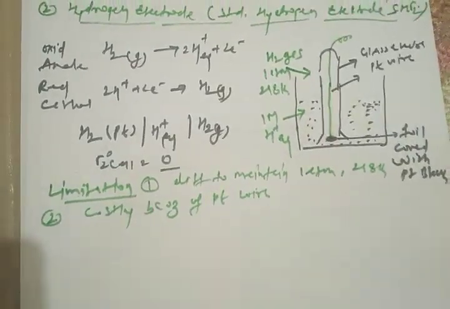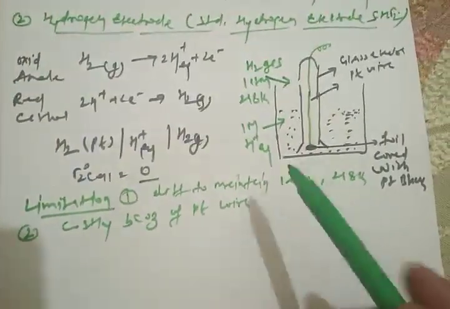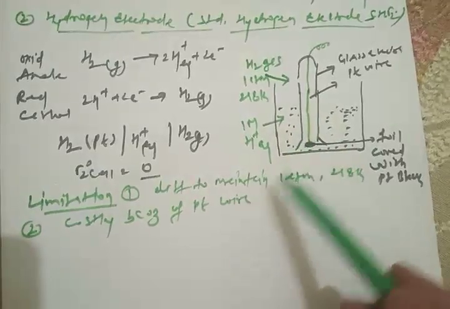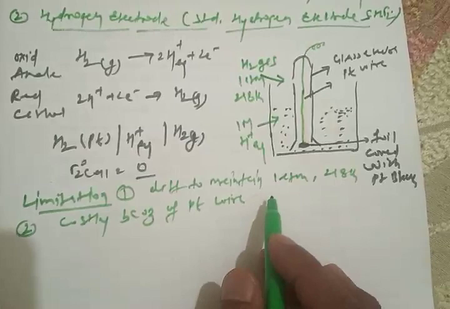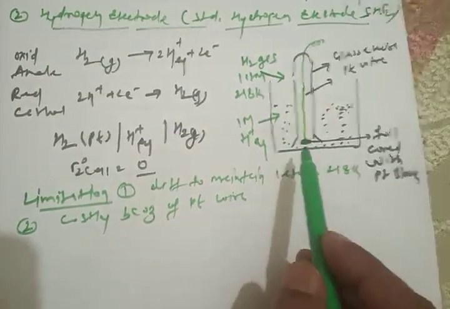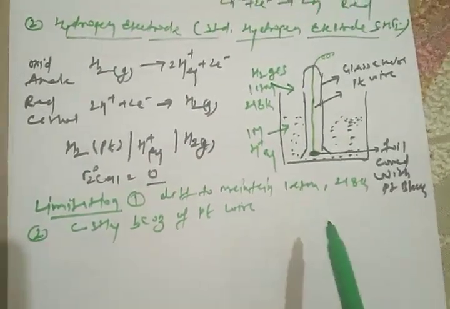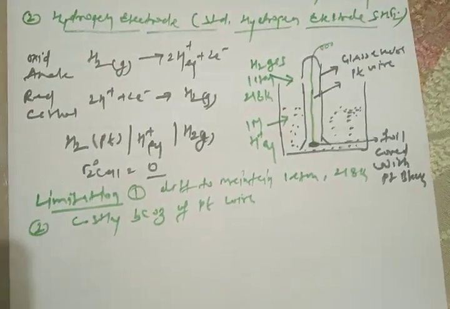We cannot take other metal wire because hydrogen or H+ can easily react with that metal. So a cheaper metal cannot be taken here, and for this we take the platinum wire, and that is the reason it becomes costly.